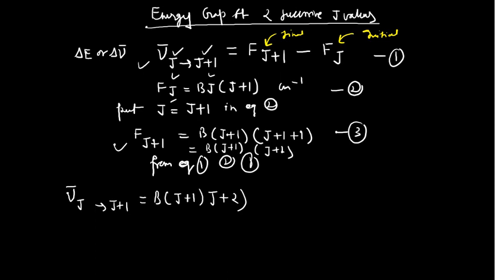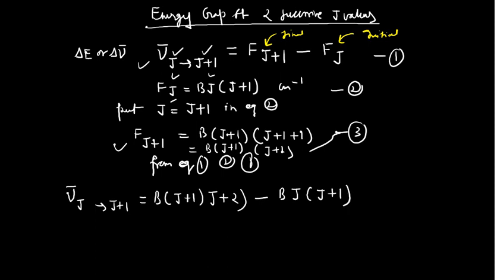This is actually equation number 3. And then you see this minus sign, you will put here, and then you will put the value of Fj, which is what? Bj into j plus 1 from equation 2. So you will write B j into j plus 1.